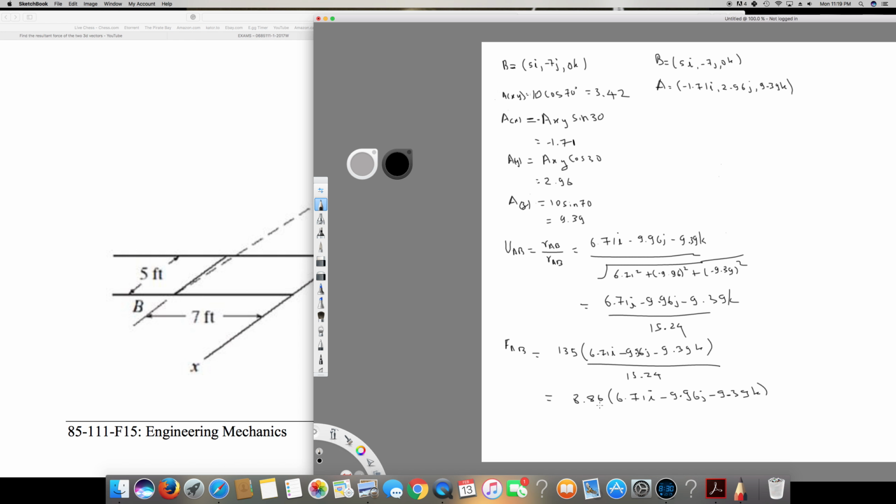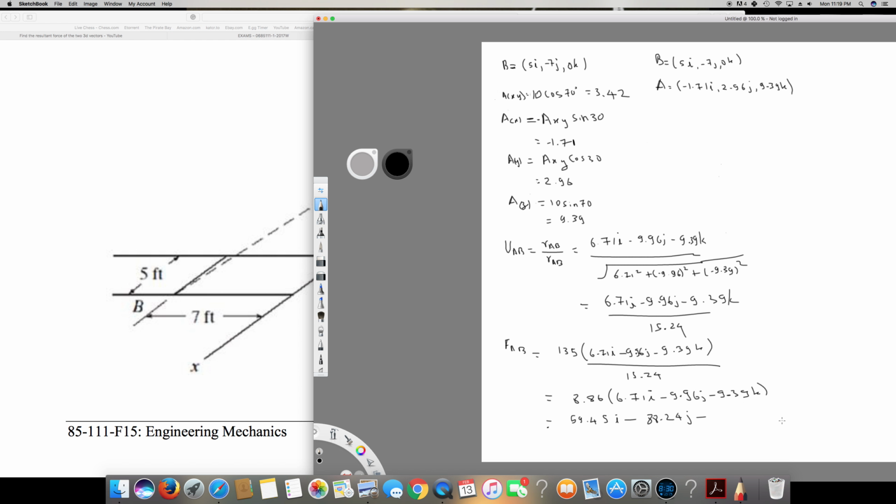If I multiply everything, let's see what I get. 8.86 times 6.71 is equal to 59.45, so 59.45 I, minus 8.86 times 9.96, which is equal to 88.24, so 88.24J.